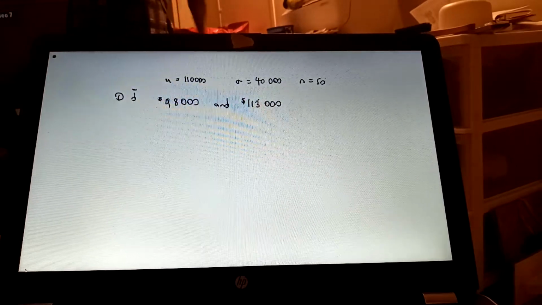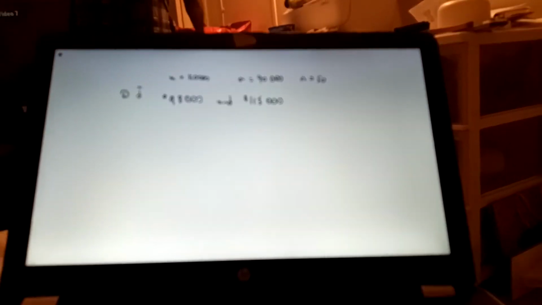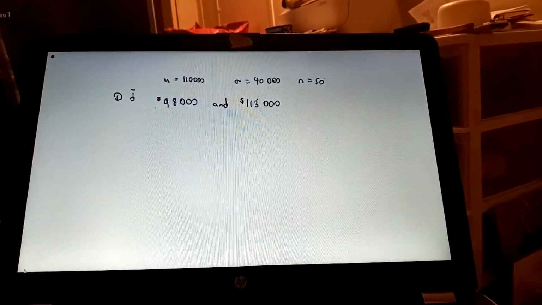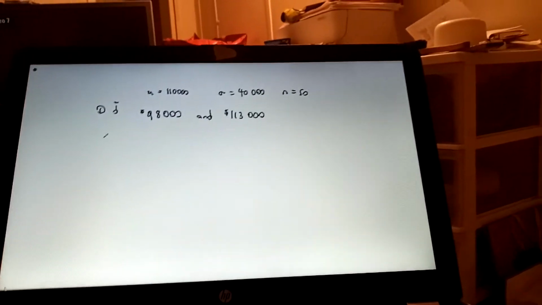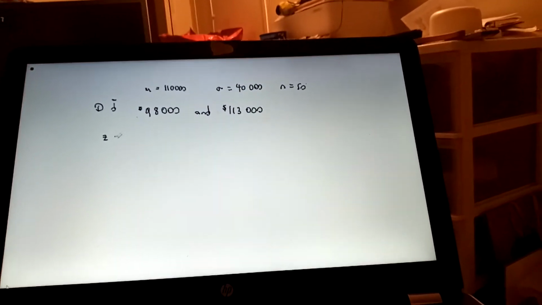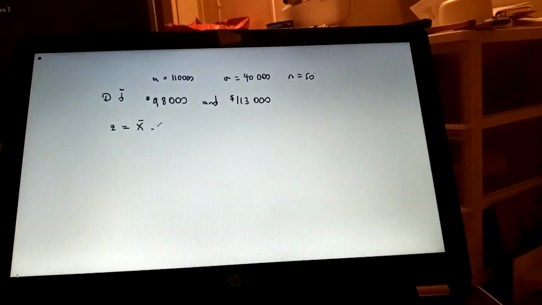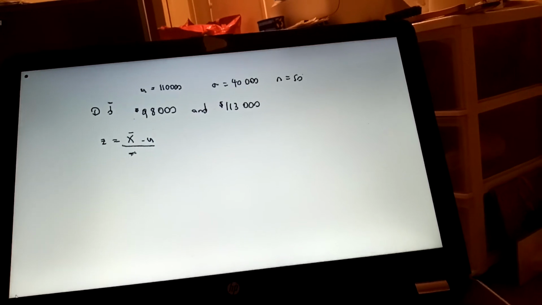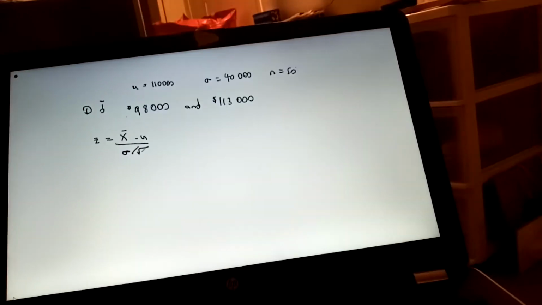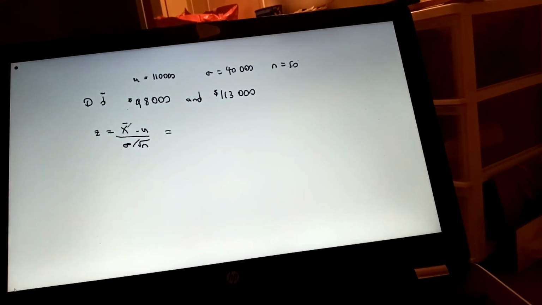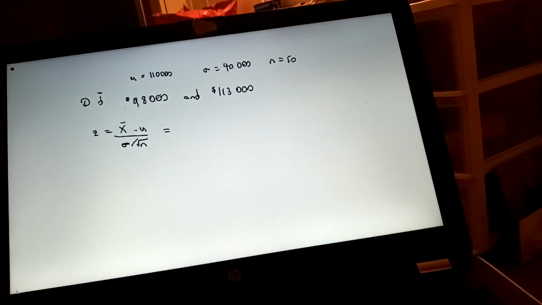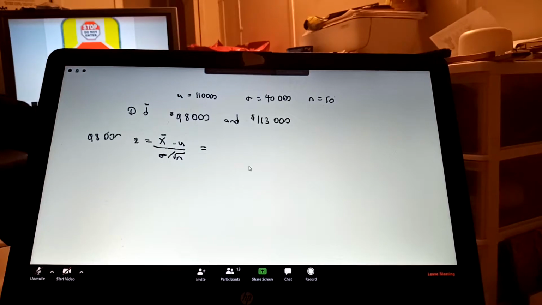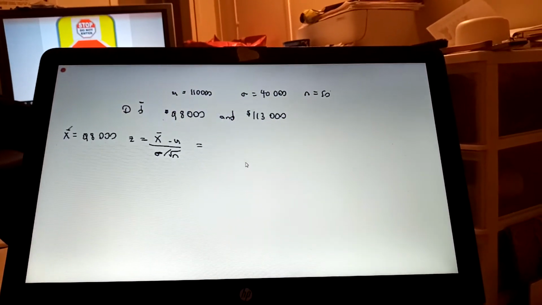So take each of them and convert them to a z-score, and then you'll figure out what's the area between those two z-scores. So, as per usual, same formula, x bar minus mu over sigma divided by square root of n. So plug everything in. So for the first one, we'll do 98,000. X bar equals 98,000.